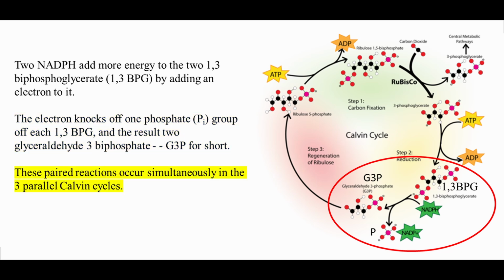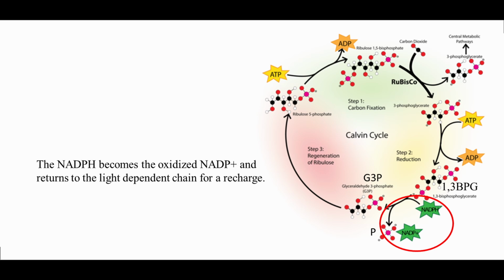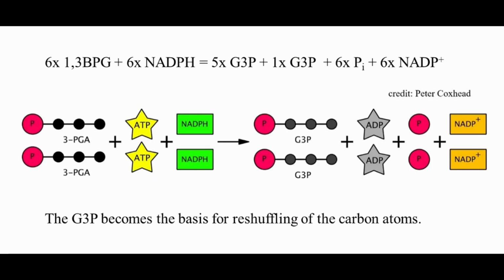These paired reactions occur simultaneously in the 3 parallel Calvin cycles. The NADPH becomes the oxidized NADP+ and returns to the light-dependent chain for a recharge. 6 1,3-BPG plus 6 NADPH reacts into 5 G3P plus 1 G3P, plus 6 phosphate plus 6 NADP+.